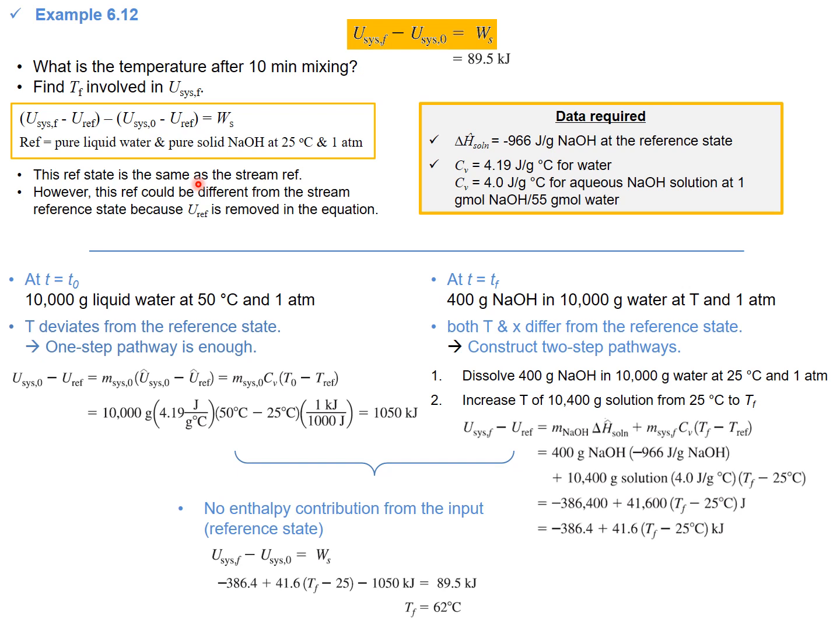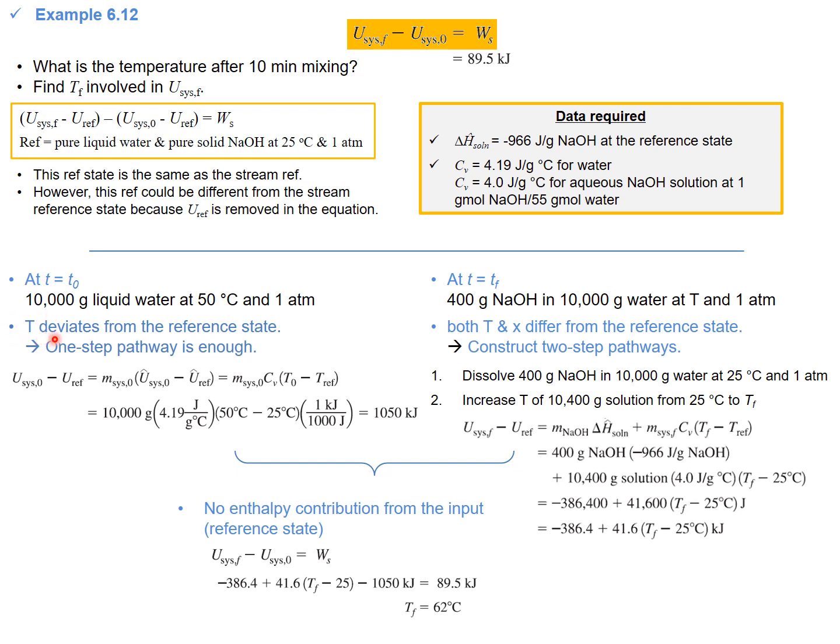Then let's go to the calculation. First, I'd like to calculate this term, the internal energy difference between the initial state and reference state. That is to say, at time equal to t0, while 0, we have 1000 gram liquid water at 50 Celsius degree and 1 atm before introducing the sodium hydroxide into the water.